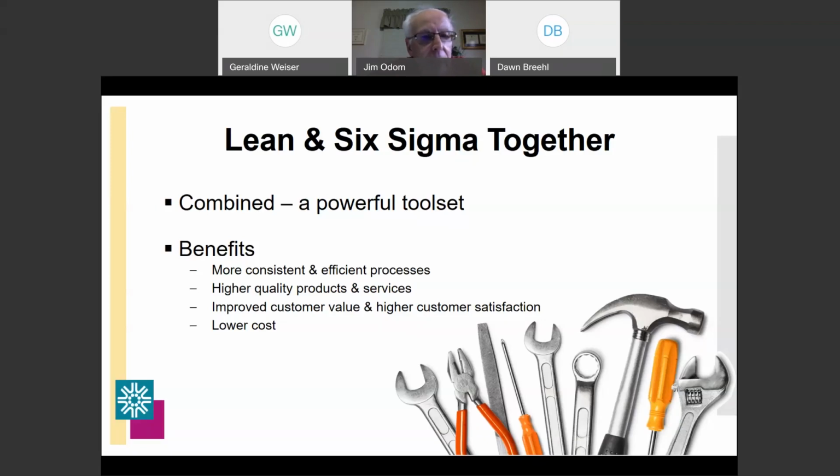We actually give them software to use. We use a tool called QI Macros, which is a very nice statistical package that helps with the basic statistics. So that's the green belt level, and green belts are able then to lead small projects. And they may be involved in black belt projects, but basically green belts, small scope projects.